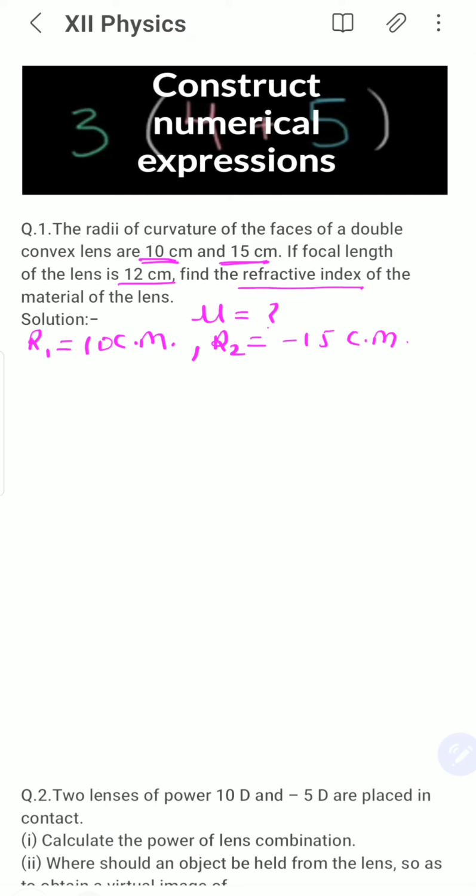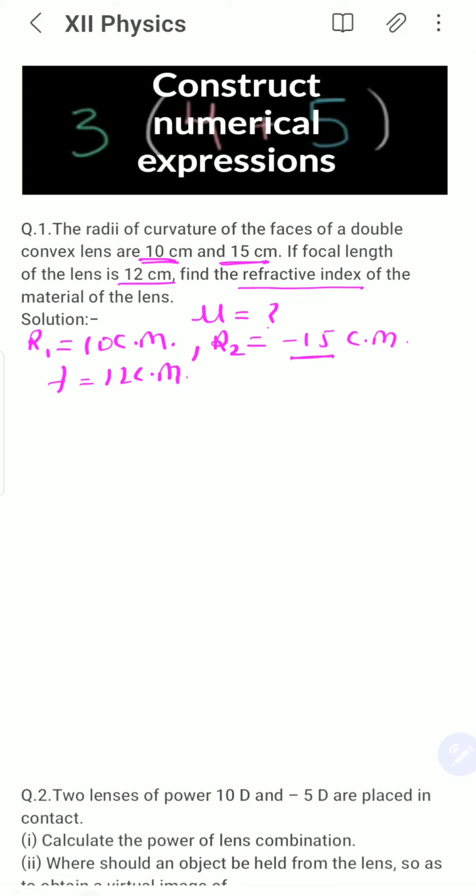The side of the object will be taken as positive, and the radius of curvature of the convex lens on the other side is negative. And the focal length of the given lens is 12 centimeter.